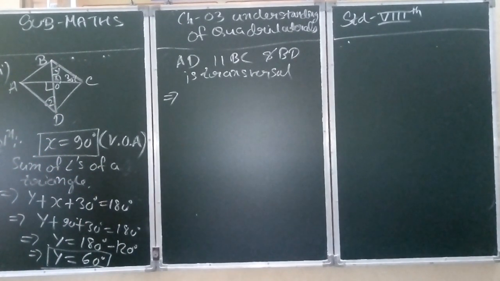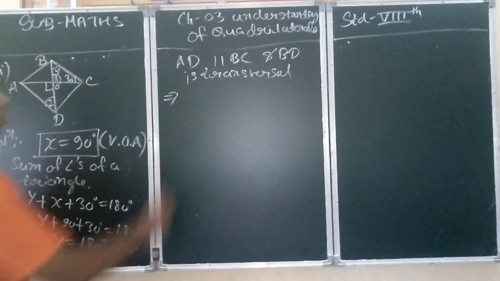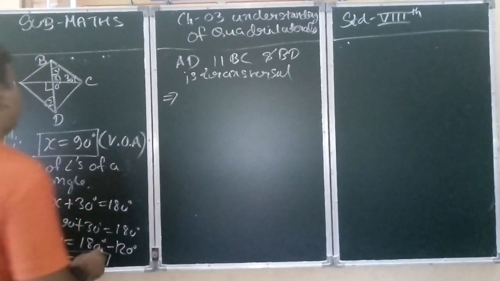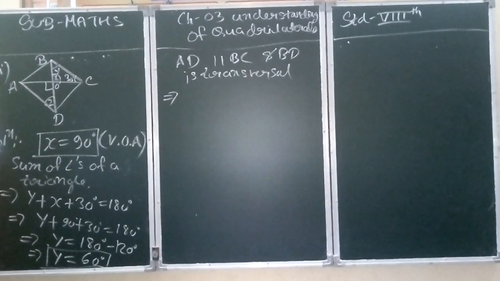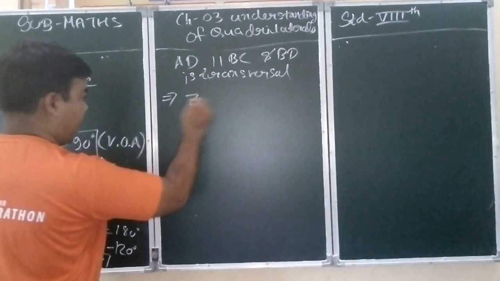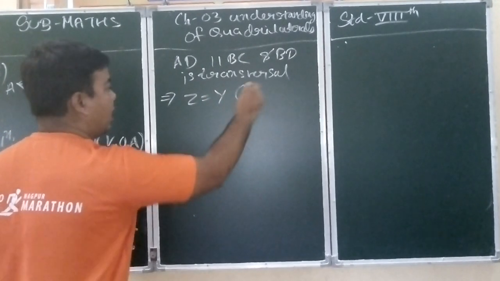So transversal means by alternate angles, z is equal to y.